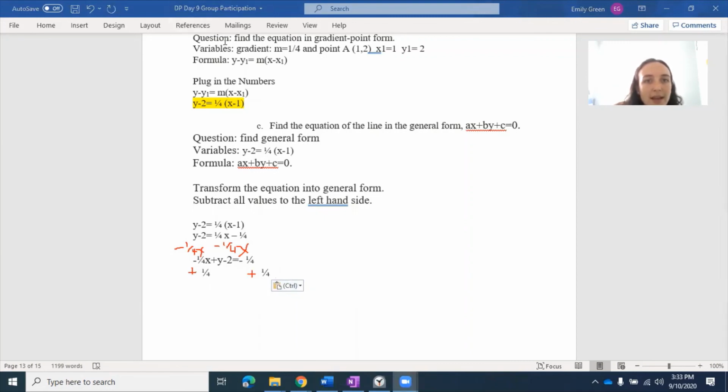This means that when I add the two together, they'll cancel. -1/4 plus 1/4 will cancel, leaving 0. And now I need to add these two numbers, -2 and 1/4.